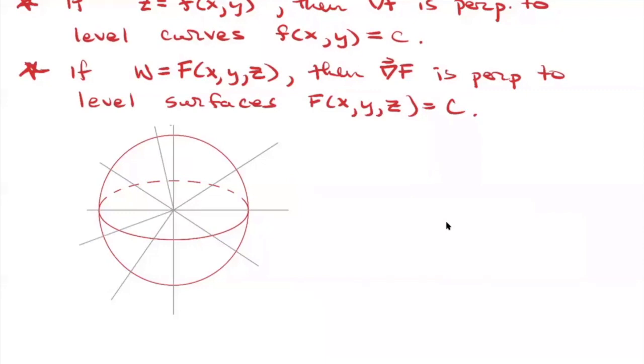Okay. My point is to say, wherever I pick a point on a surface, if I draw a gradient vector, it'll be perpendicular to the surface there. Oh, and where's this going? Yeah, this will probably point outward. It could point inward. All I know is it's perpendicular.